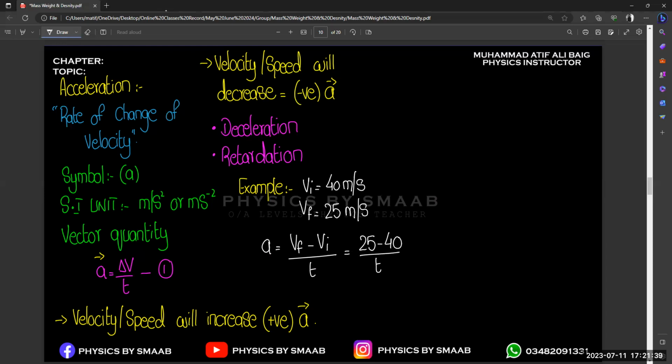So that is the concept of positive and negative acceleration. So your acceleration will be minus something meter per second square. Any confusion? No, sir.